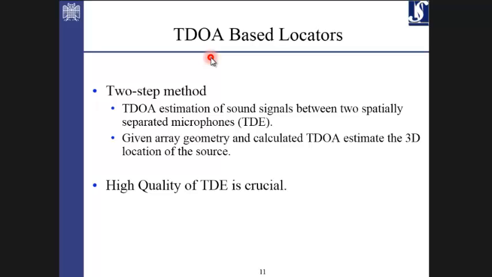But the point is that estimation of the time difference of arrival is so critical. If you make a mistake in that estimation, you will definitely have some perplexity in the location of the source.